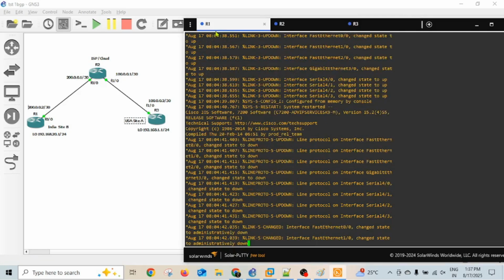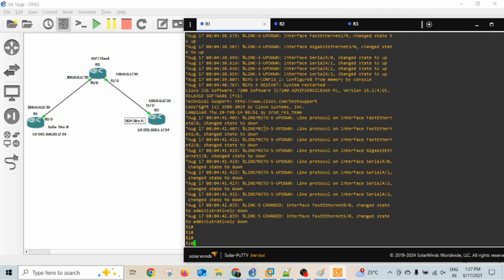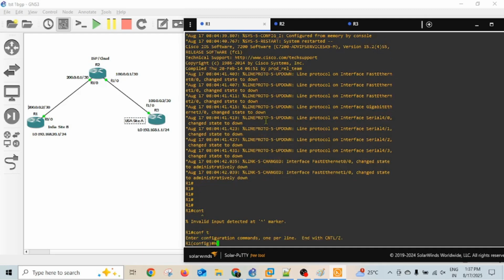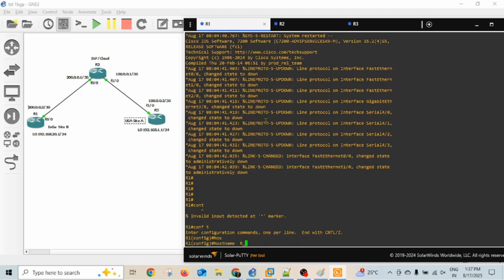Now it's visible. So I am in router one. Configure terminal, hostname R1.